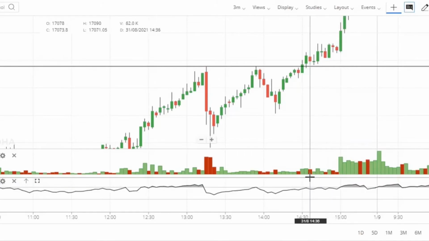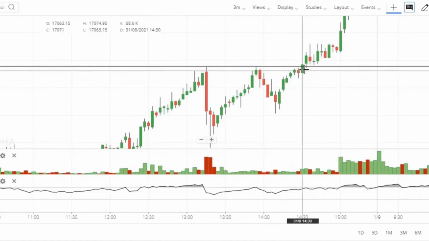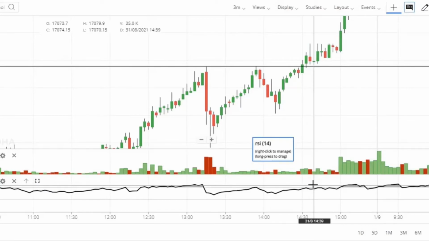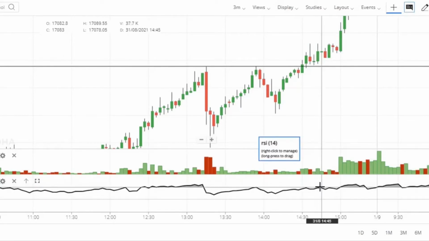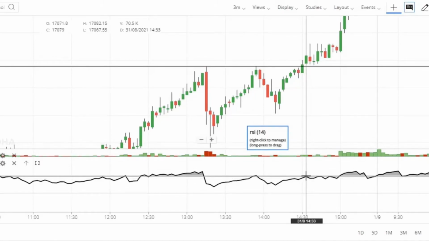Now you have to gather the context that, okay, there was this volume rejection, the market broke out over here, and as you can see, the RSI had this peak. I don't know if you can see it. This peak is visible. Let me just increase the width of this. This peak was at 69, 70 levels.